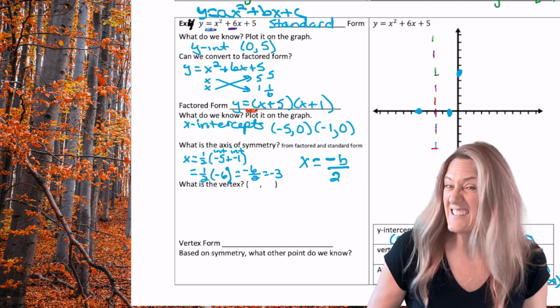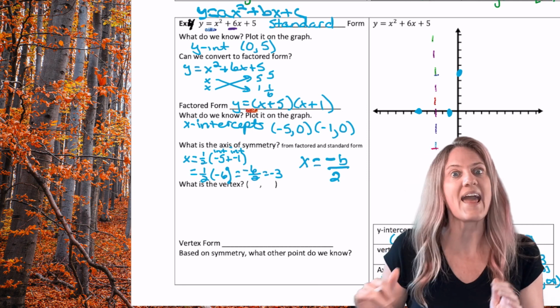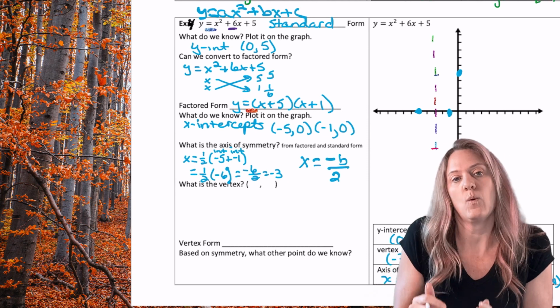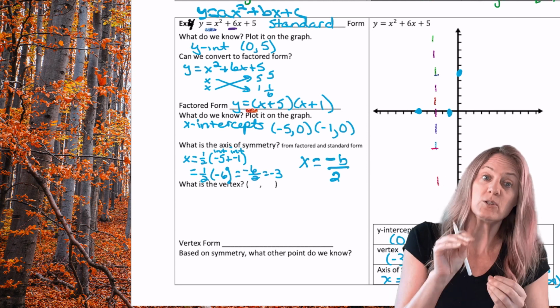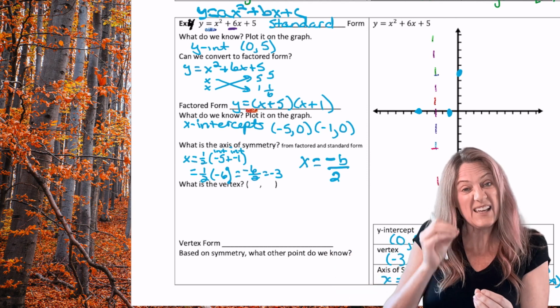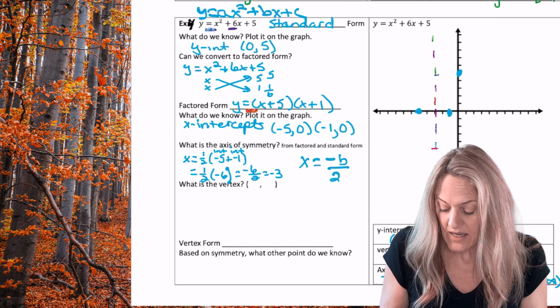But wait, that's not exactly correct. This is correct this time because a happens to be 1. But when a isn't 1, then we have that dilation that's been multiplied throughout. Therefore, I have to divide it back out. So really, it ends up being -b divided by 2 times a.